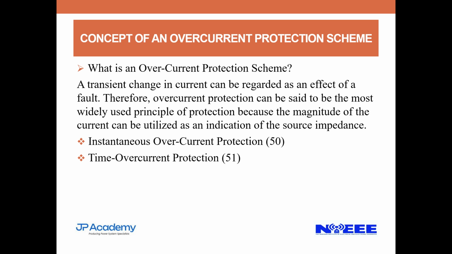Even though it's negligible, there is a time margin. For the circuit breaker to also be energized, to either open or close, there is also a time margin. So it is not happening instantaneously. However, it is happening very fast.